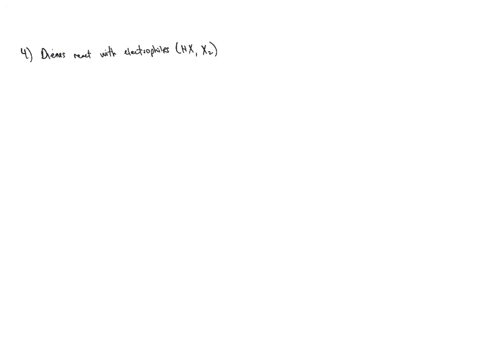But the intermediate carbocation can undergo resonance stabilization. And so there's a possibility of getting two different products. So we call those products the 1,2 addition or 1,4 addition products.